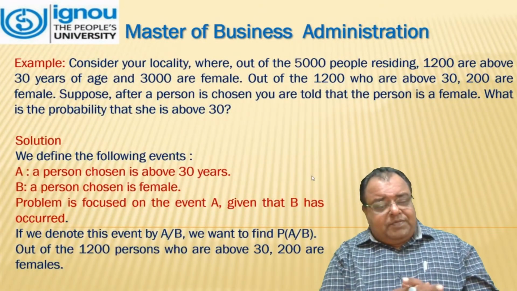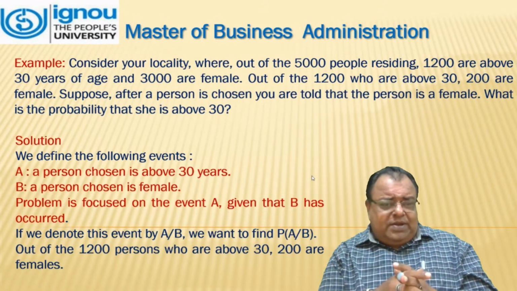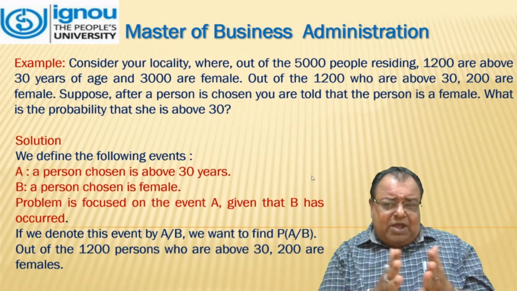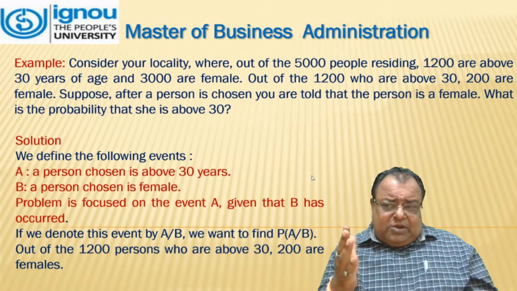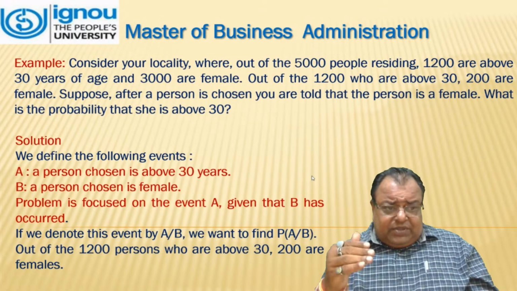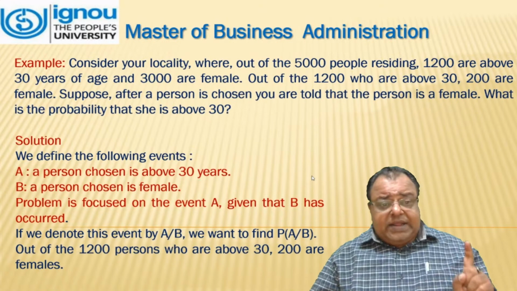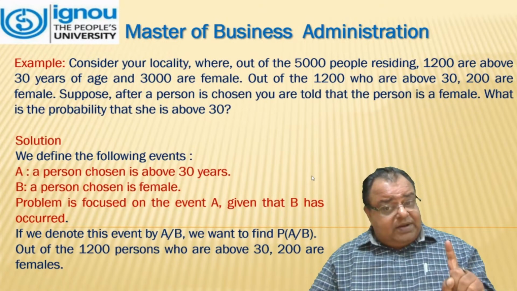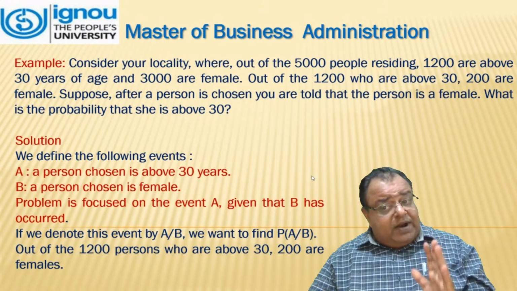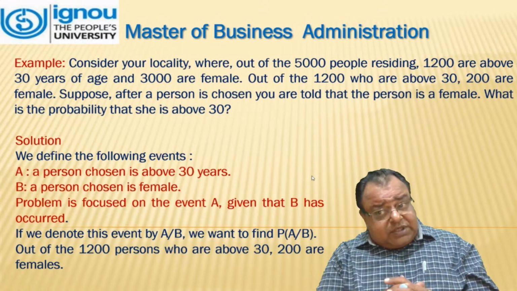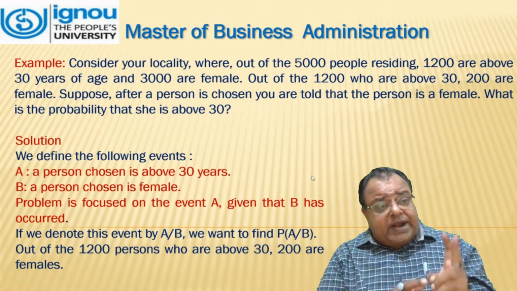Another problem: we consider a locality where, out of 5,000 people residing, 1,200 are above 30 years of age and 3,000 are female. Out of the 1,200 who are above 30, 200 are female.